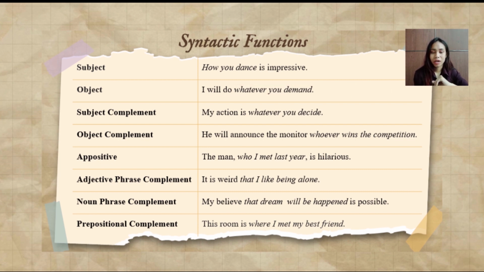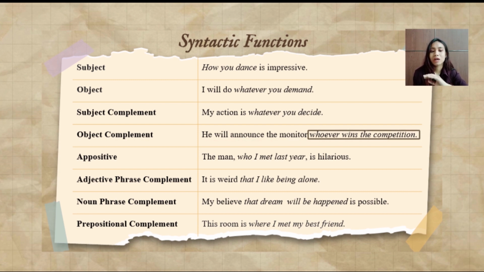The next one, subject complement. My action is whatever you decide. Whatever you decide here is known as the subject complement. Why? Because it describes the noun in the sentence, which is the words my action. The next one, object complement. He will announce the monitor whoever wins the competition.